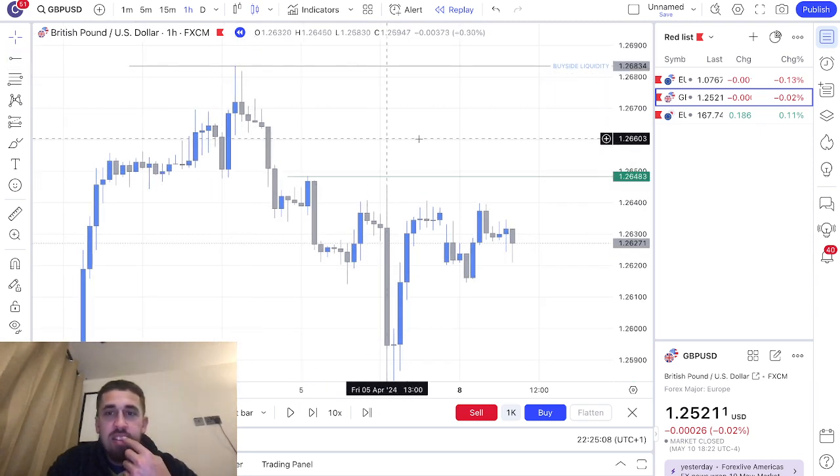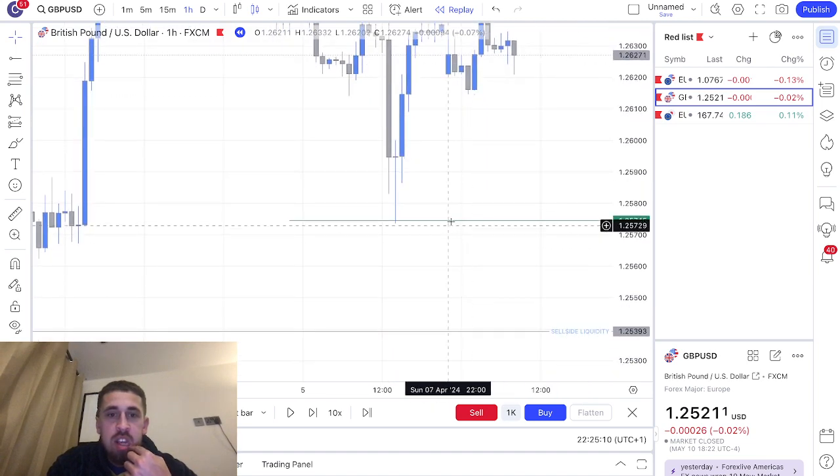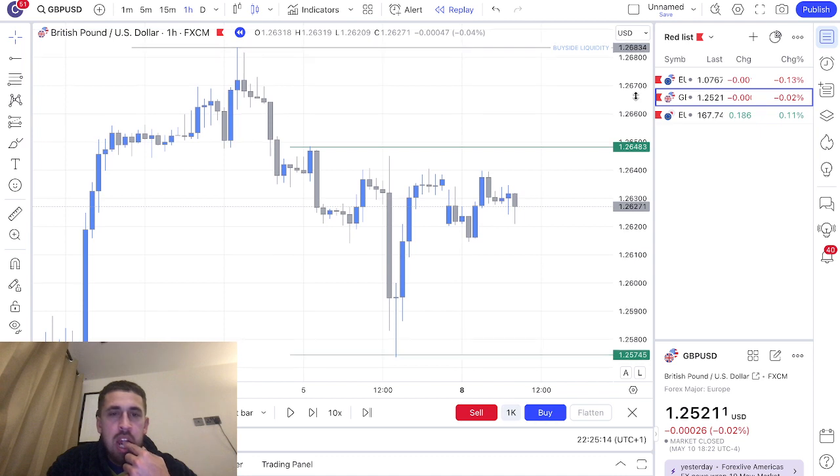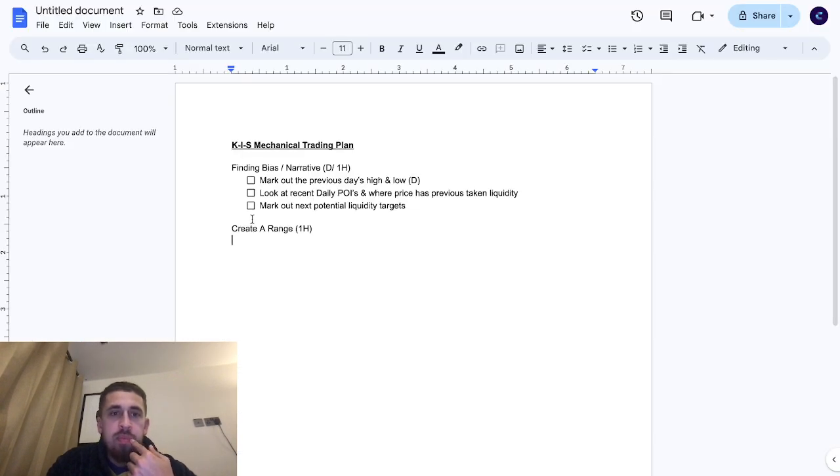So that's the top of the range really, and there's the bottom of the range. I've already got it marked out. So mark out the top and bottom of the range.